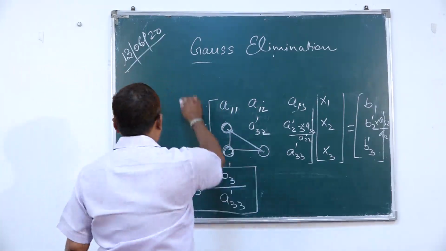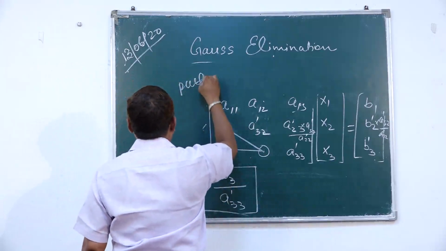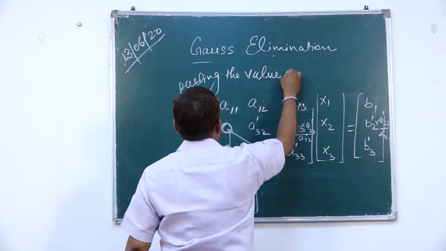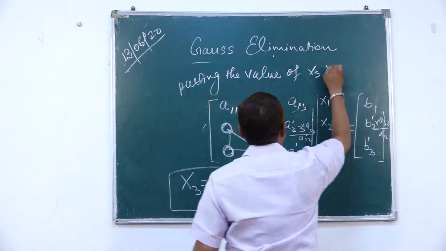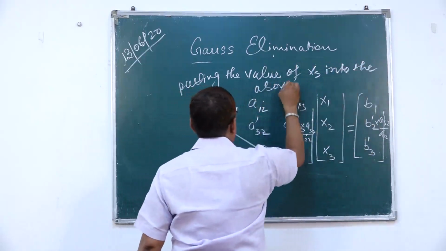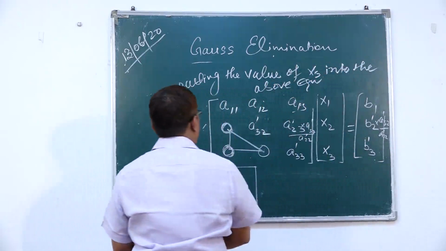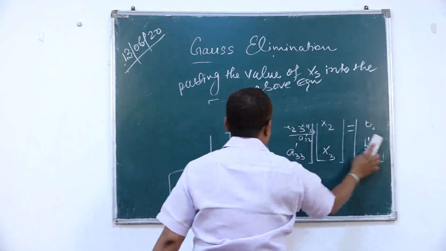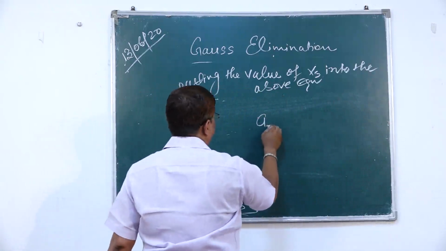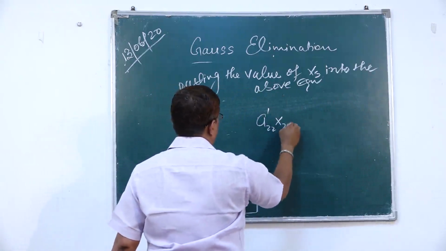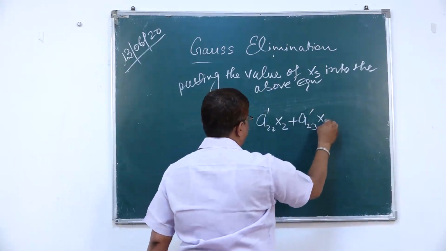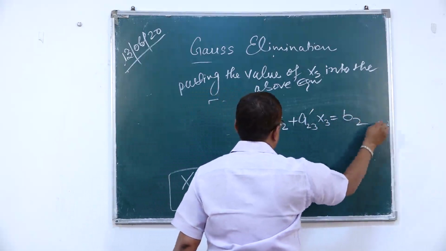Now this value will be put into the above row or equation. Putting the value of x3 into the above equation: a22 dash x2 plus a23 dash x3 is equal to b2.